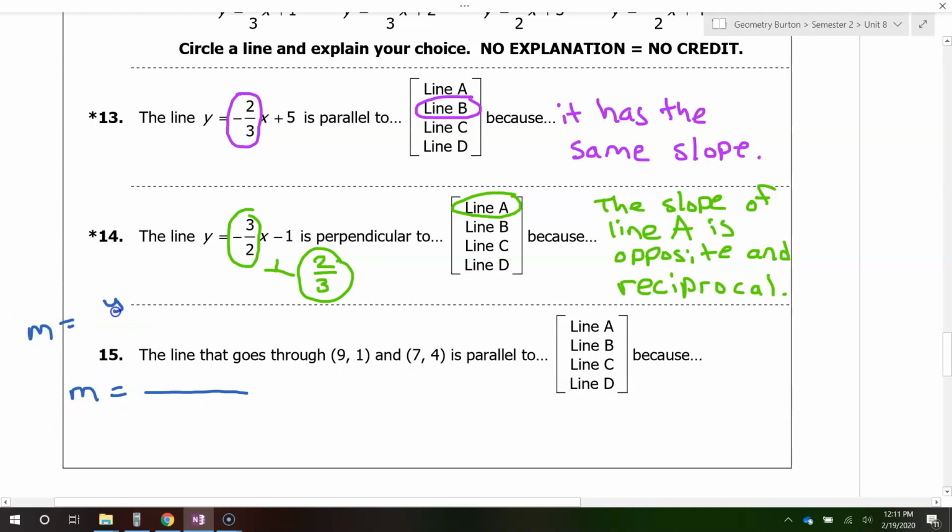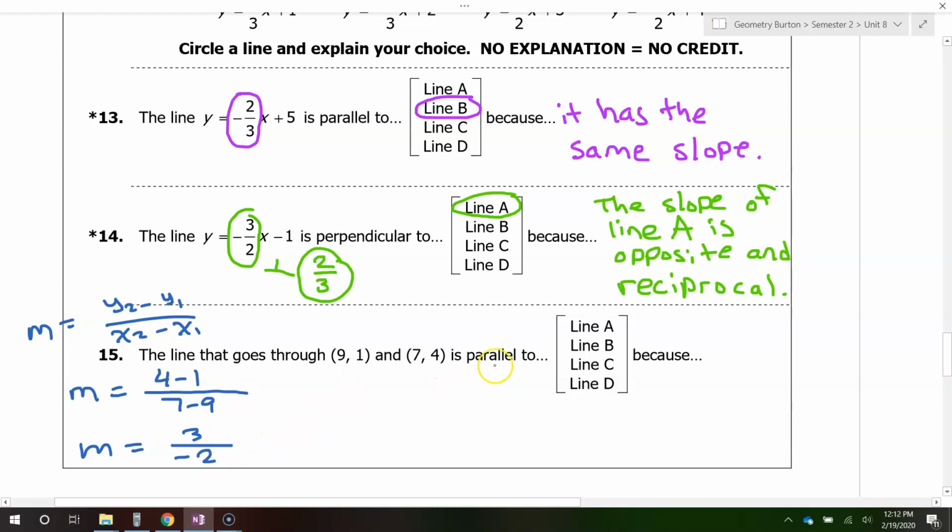So the slope is y2 minus y1 over x2 minus x1. That's what I'm about to do. So that's going to be 4 minus 1 over 7 minus 9. So that means the slope is going to be 3 over negative 2.